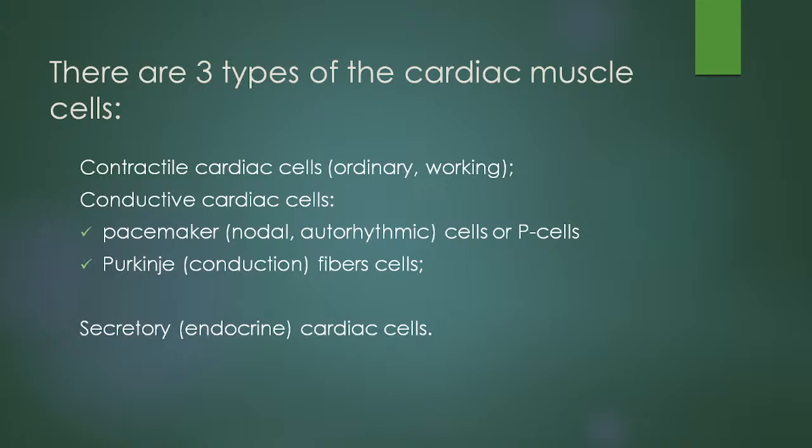Other characteristics that help distinguish Purkinje fibers from typical cardiac muscle cells are that they contain fewer myofibrils and more sarcoplasm.